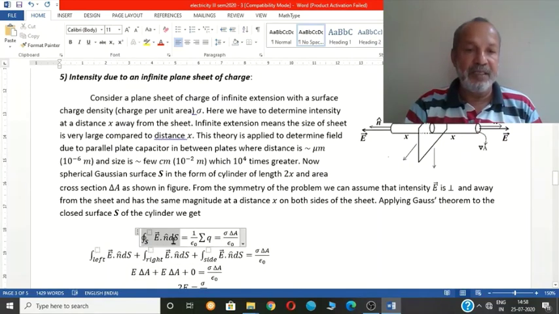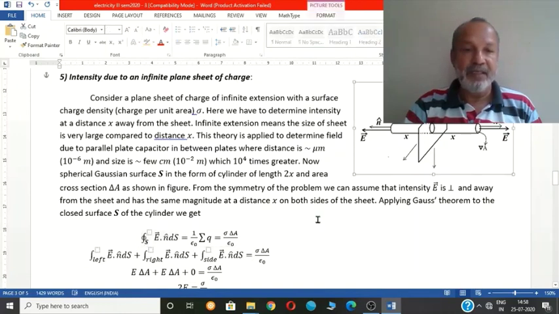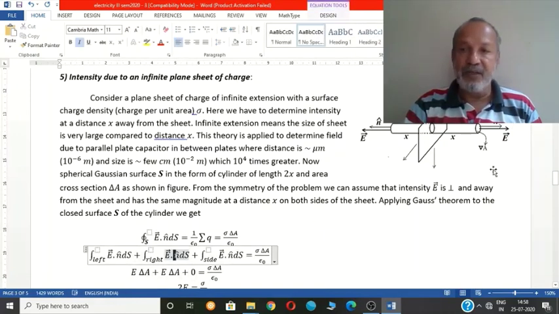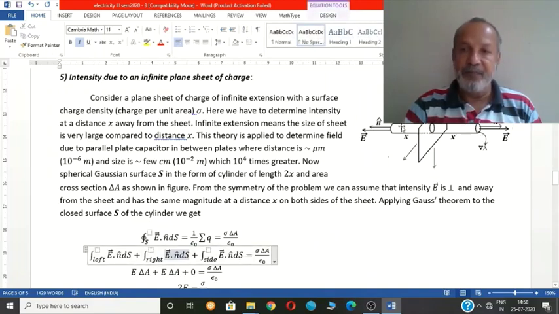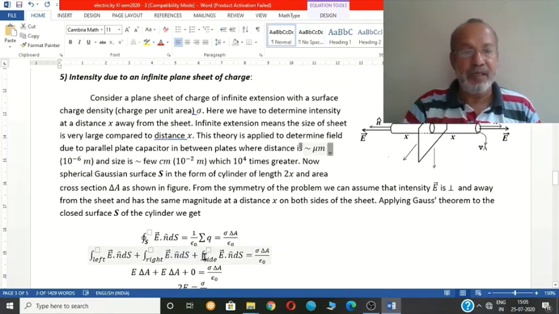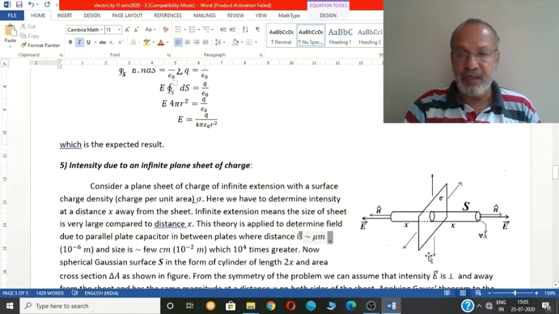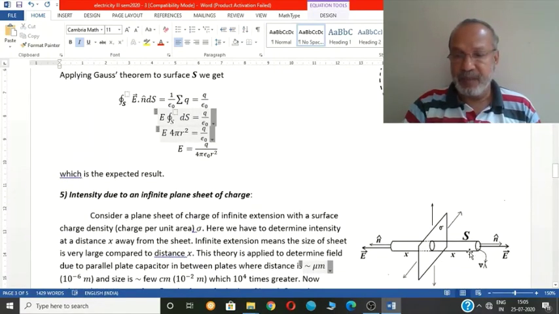And we can split the LHS into three integrals: the integral on the left side E dot n dS, the integral on the right side E dot n dS, and the integral over the side surface E dot n dS. The integral over the side surface E dot n dS will be 0. You can see from this diagram, because E is in the horizontal direction, and whatever dS we take on the side surface, this n cap will be perpendicular to that.